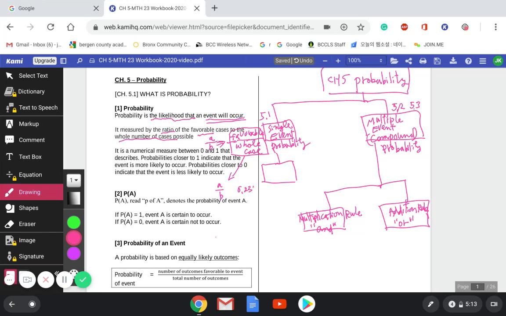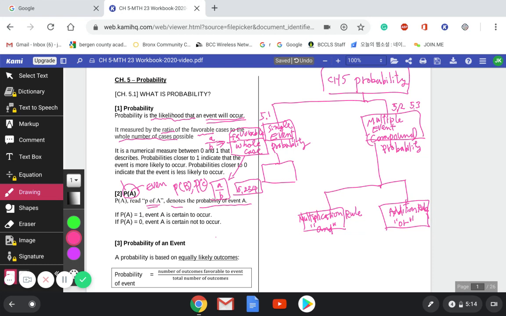So there are two ways of expressing it. The notation is P of A, which reads as P of A, and it denotes the probability of event A. So P means probability and A means event A. If it's event B, it will be P of B. And if it's event C, we look for the probability of C. But let's mainly talk about event A, since it's a single event.